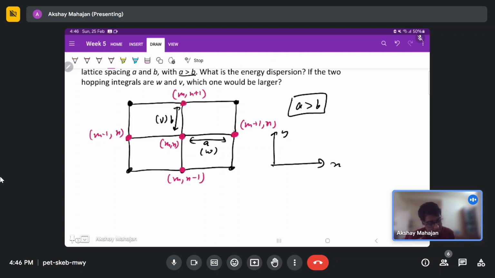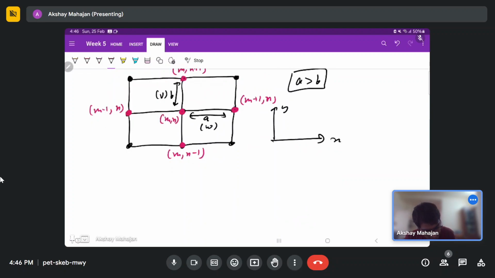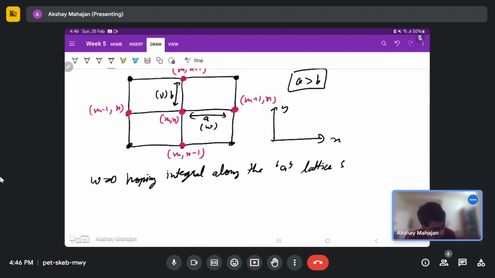And here, what are w and v? So w is the hopping integral along the a lattice spacing, and v is the hopping integral along the b lattice spacing.